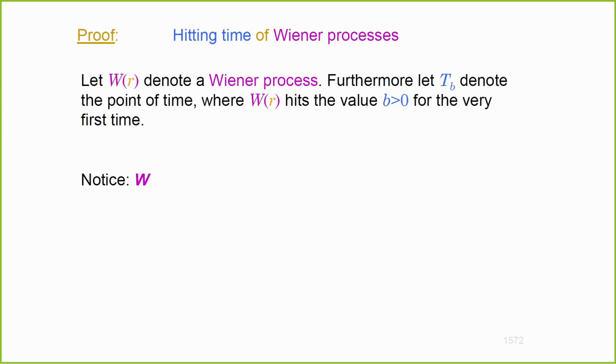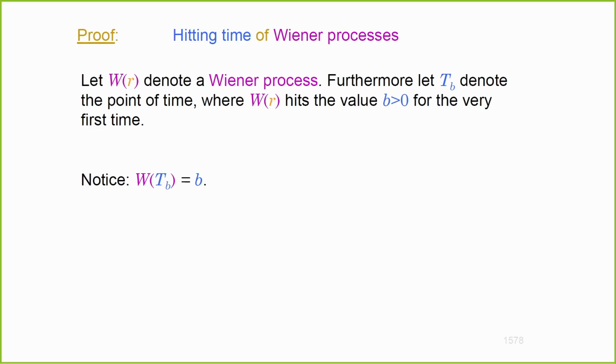First off, I'm going to use that later on: the Wiener process at the hitting time, so at that time point where it hits the value B, is going to be equal to B, at least almost surely, which means with probability 1, actually by definition. Why? Because the hitting time is the time point at which the Wiener process hits the value B for the very first time. So value B is hit at that point of time first.